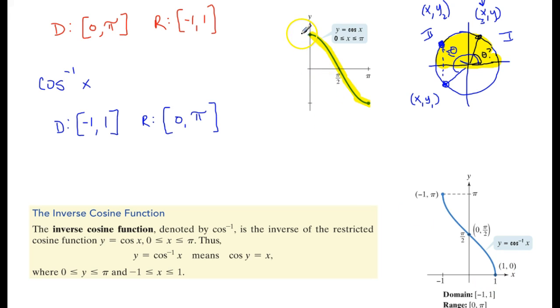Because 0, 1 was on this, 1, 0 is on this. Pi, -1 was on this, -1, pi is on the graph of the inverse. And all the points in between. Pi over 2, 0, 0, pi over 2. So it's just a rotation and a horizontal flip to go from this graph to this graph.